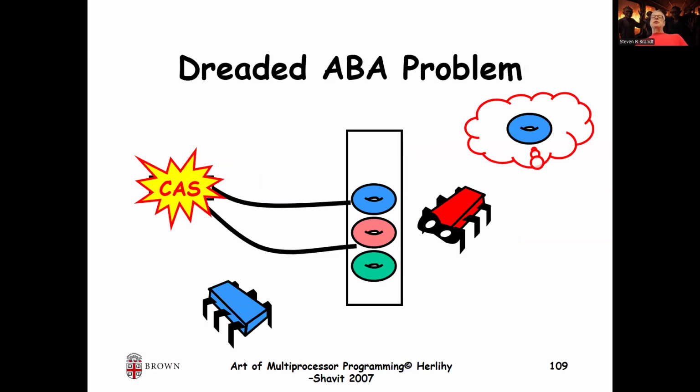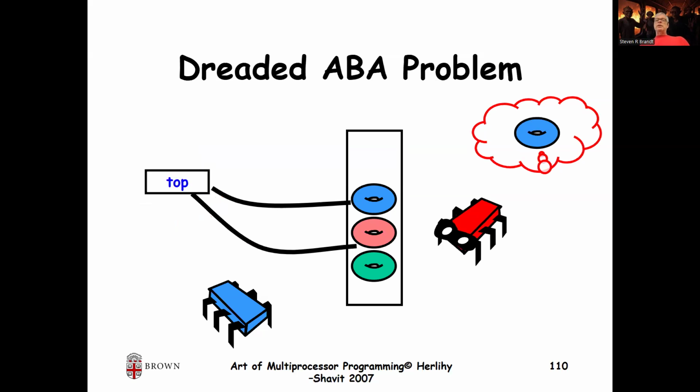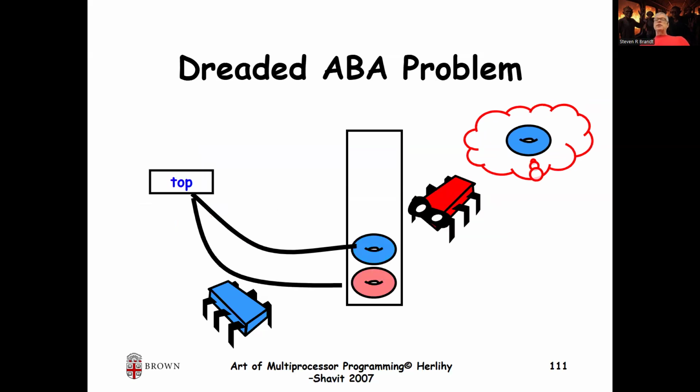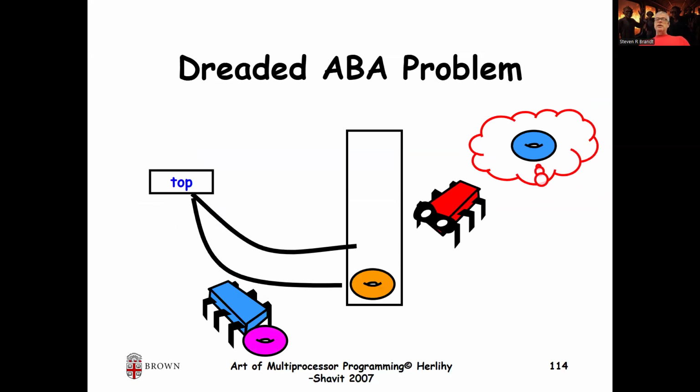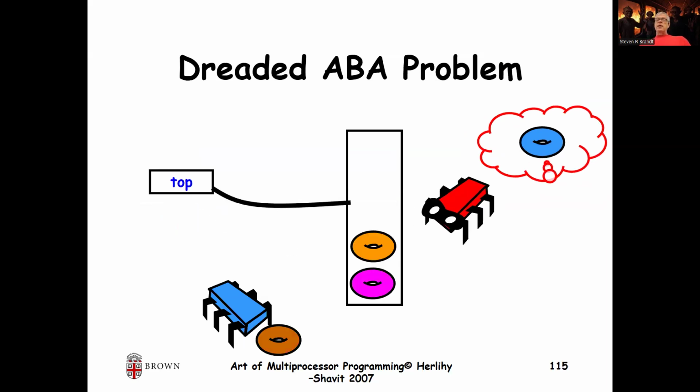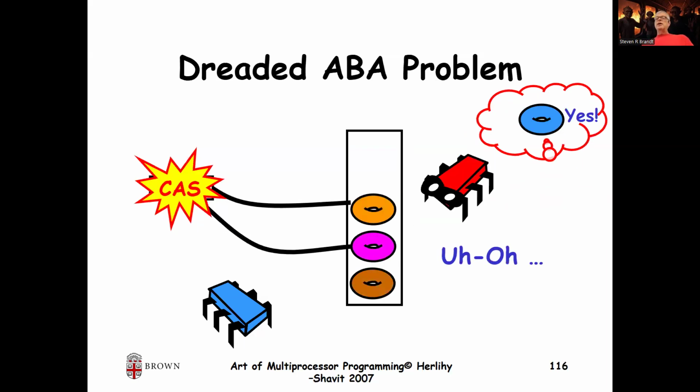So here is what we call the dreaded ABA problem, right? We know that we want to get the unit of work that's at 3, and we check. We say 3 is the one we think we want. But in between when we identify the one that we want to take out and when we take it out, it could be that we have a completely different set of tasks in there.